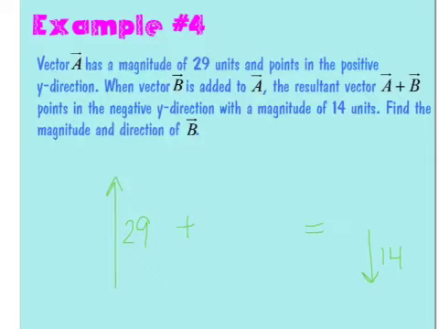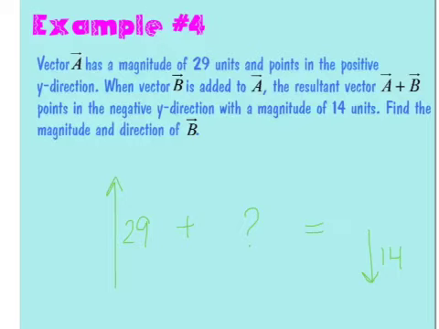Well, first of all, you should be able to figure out that our unknown B has to be something in the y direction, either up or down. Otherwise, my resultant would have an x component, which it does not. Adding vectors graphically is the best way to solve a problem like this.